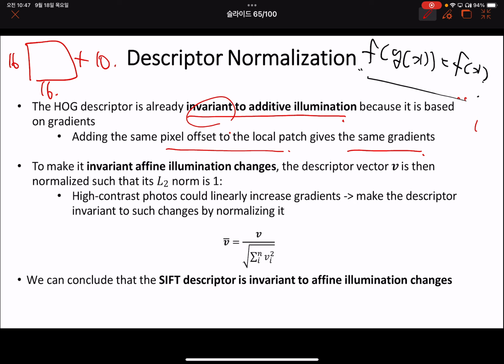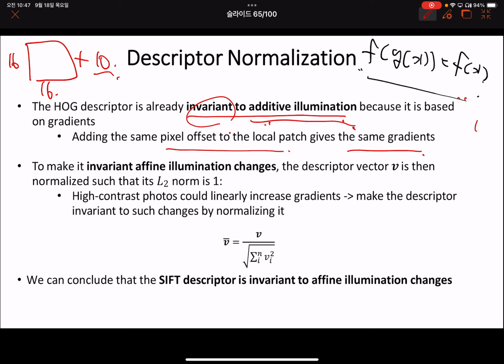Regardless of which scalar we add, the output gradient is the same. So that means it's invariant to additive illumination. Regardless of which number we add, like plus 10, minus 10, plus 20, minus 20, the gradient is the same, right? So the HOG descriptor is already invariant to additive illumination.